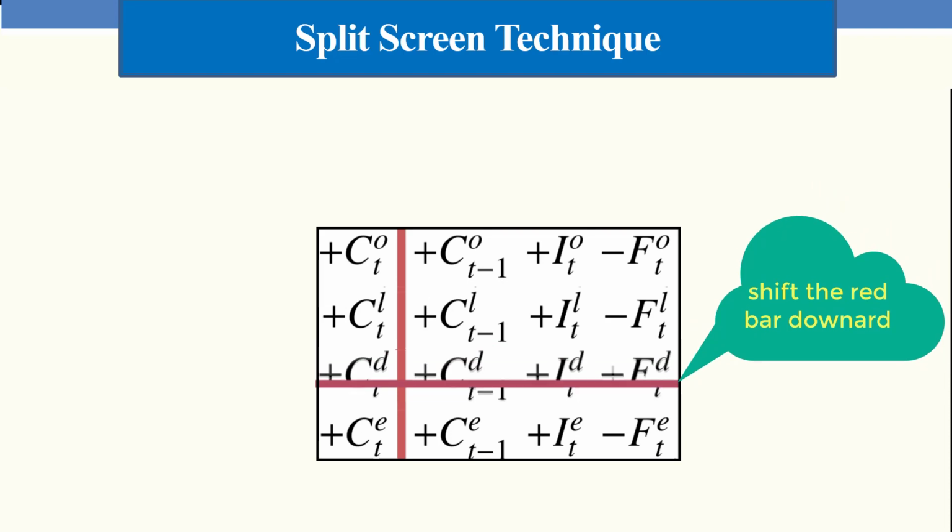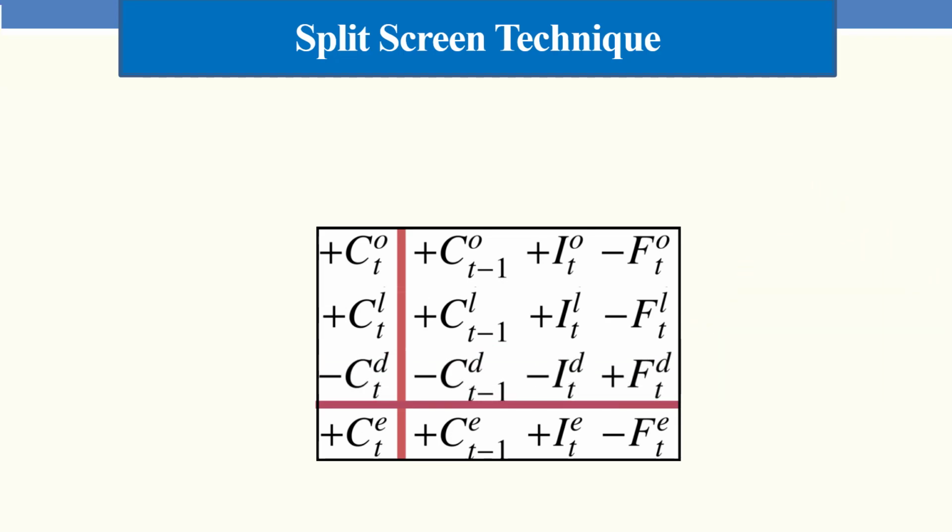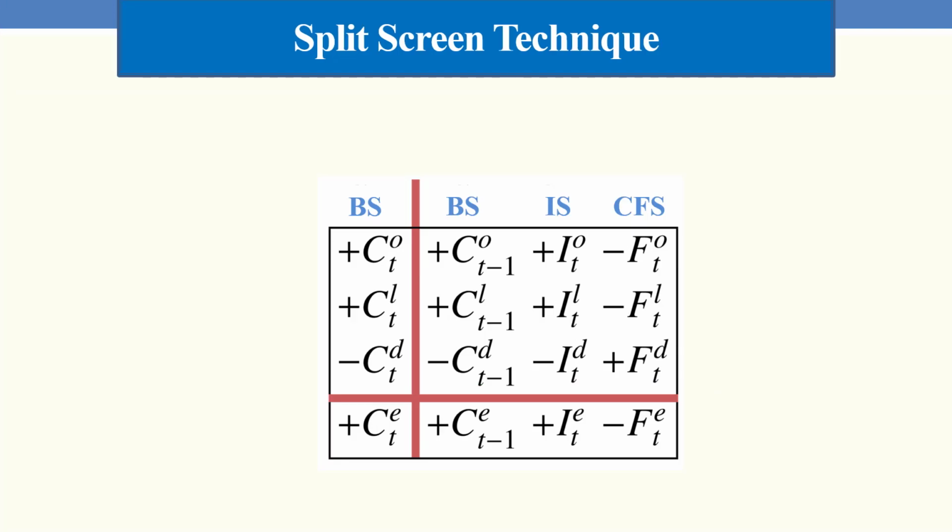We get this. In this format, the split-screen matrix shows the equity capital. The upper left partition gives us the equity capital in a static perspective, using the law of conservation.